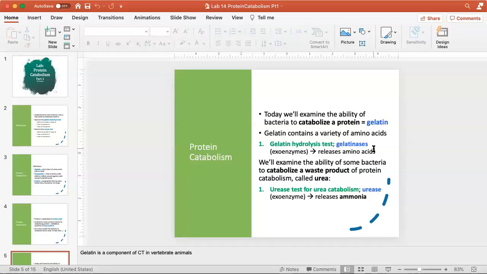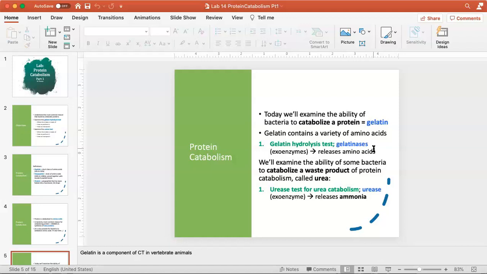The other test that we're going to examine is called the urease test. This is a test that actually looks at the ability of some bacteria to catabolize not protein, but a waste product of protein catabolism. And that molecule is called urea. So in other words, when cells catabolize proteins, a waste product is generated, and that waste product is called urea.